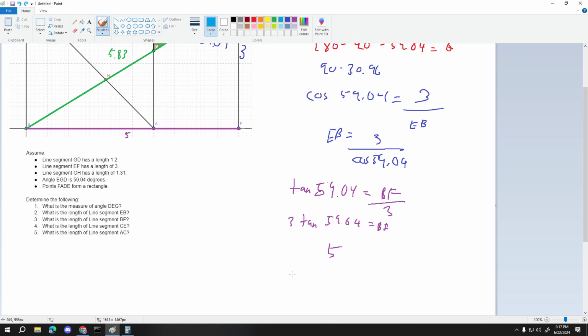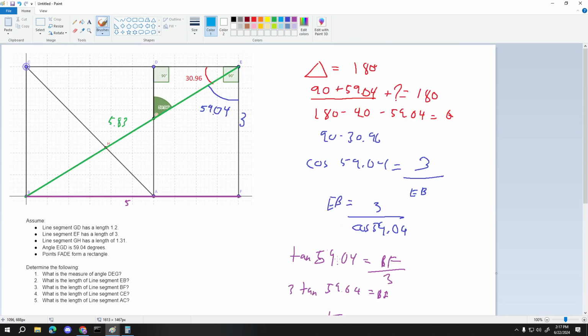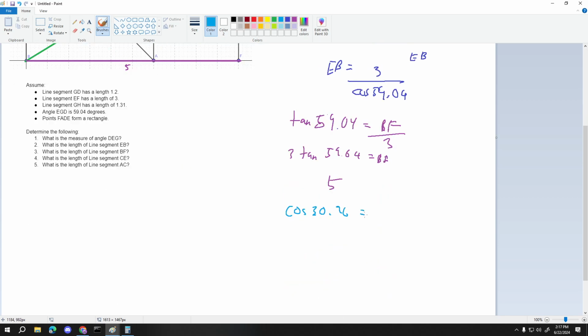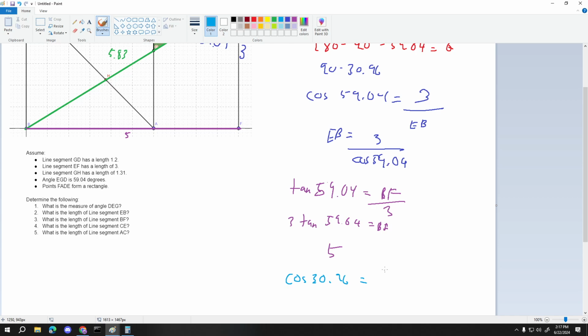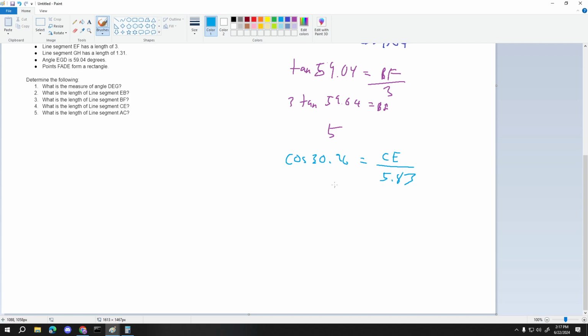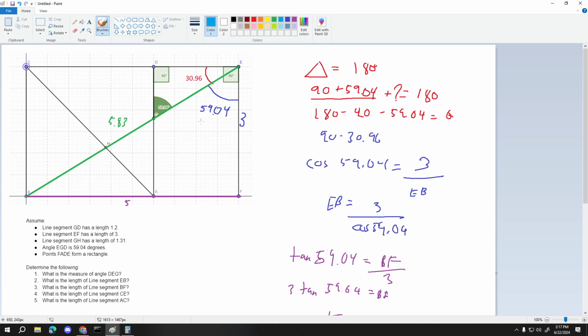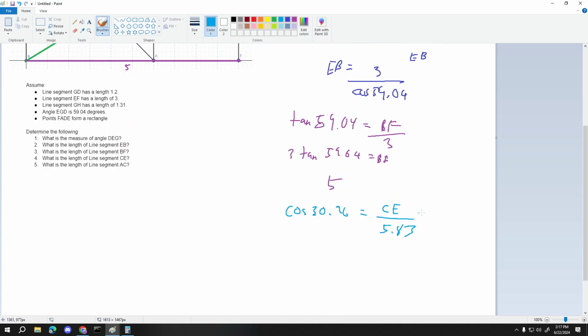So cosine 30.96 is equal to CE over 5.83. So we want CE on just one side, multiply both sides by 5.83.